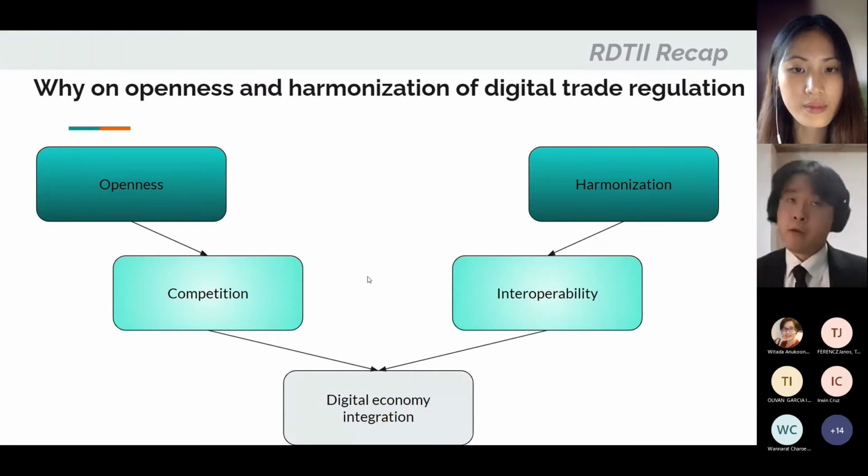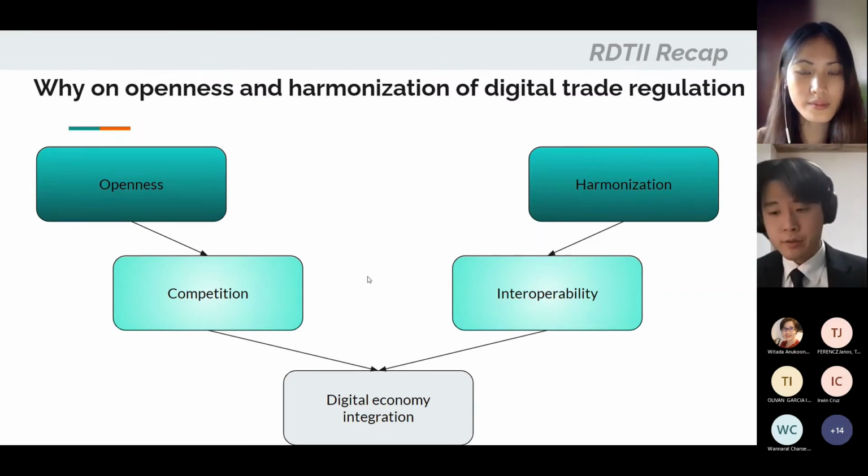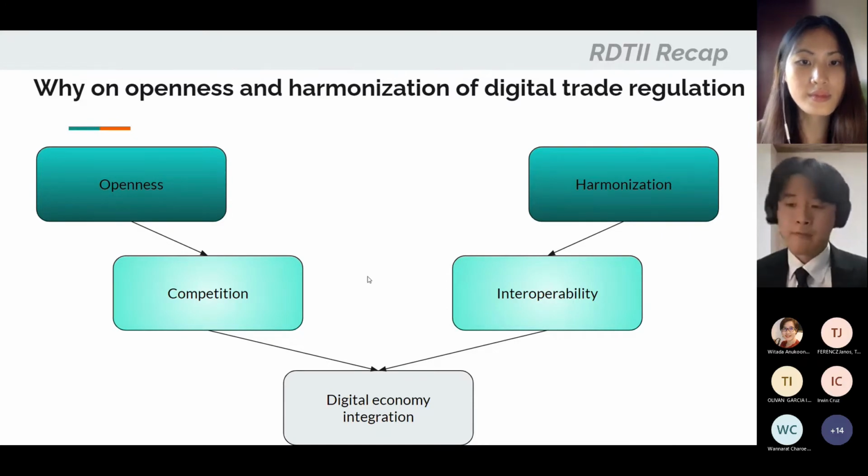On the part of openness, the more open a regulatory environment is, the more competition there will be. And if there is more competition, there will be more innovation in sectors related to digital trade. This will in turn contribute to digital economy integration in the region at a higher level of development.